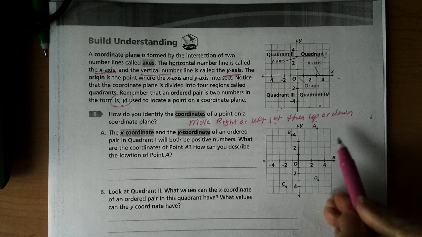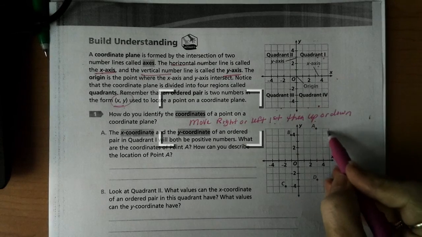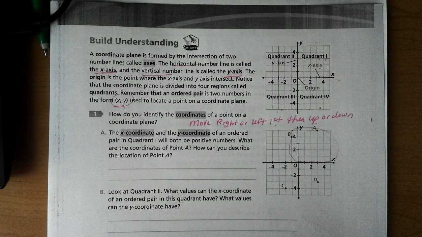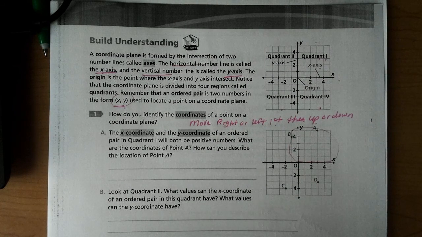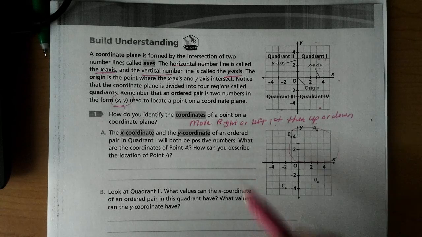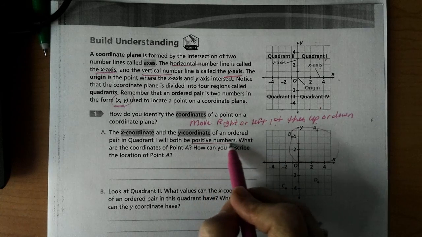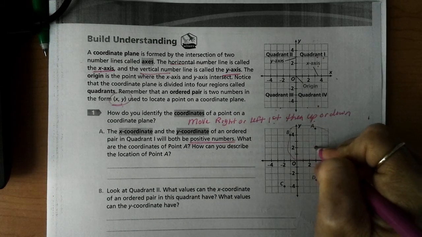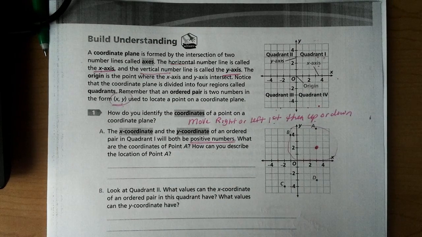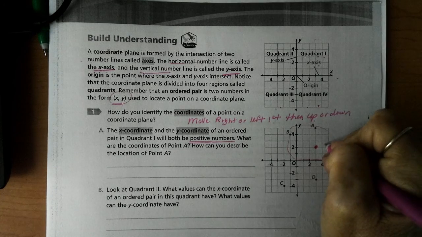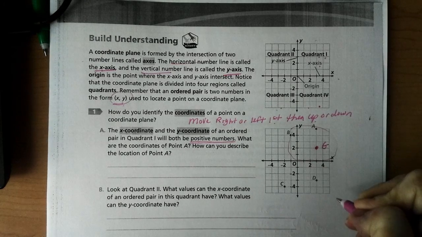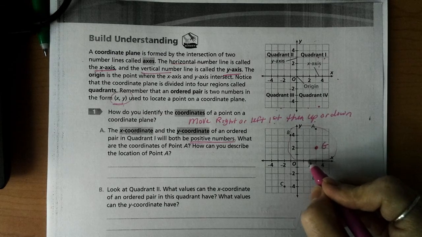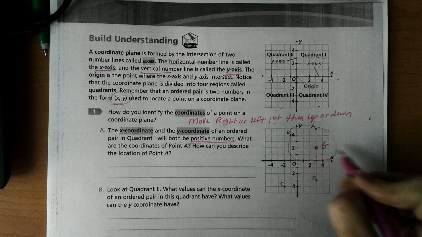Okay, so if we are looking at quadrant 1, which is this quadrant right here, any coordinate pair that I graph is always going to be positive numbers. For example, if I put this point here, and let's label it G, that point would be 3, 1, 2.